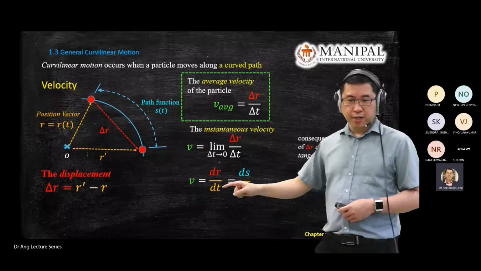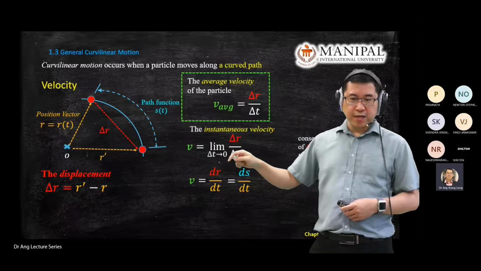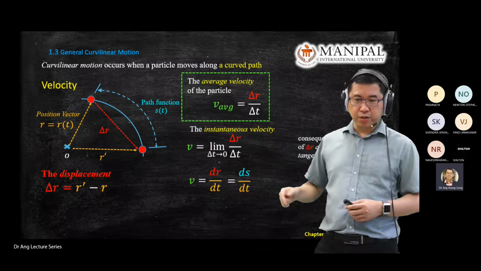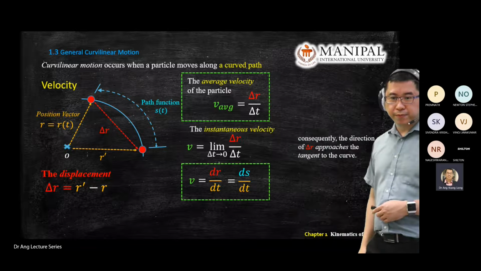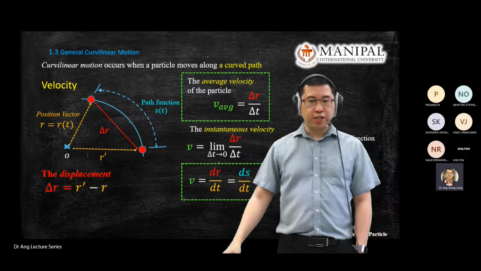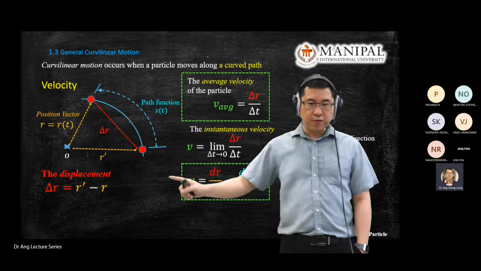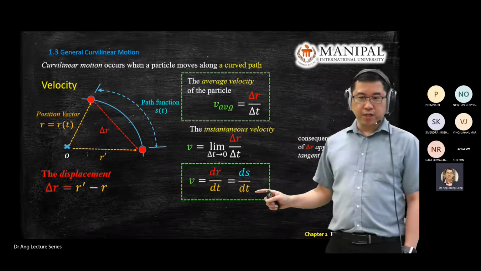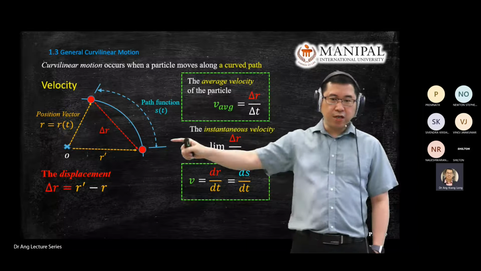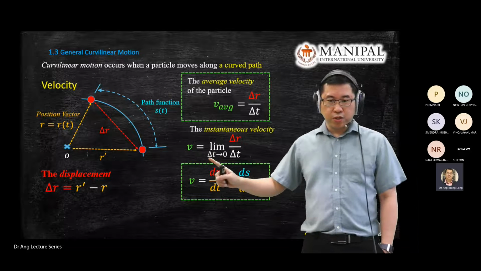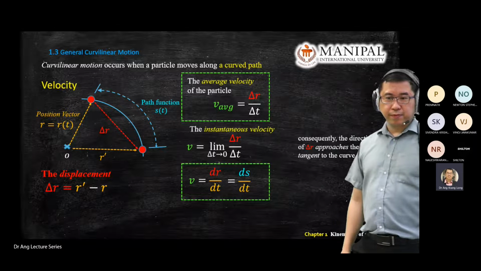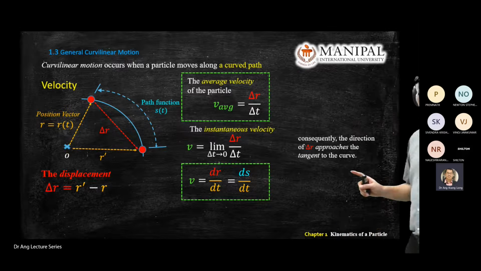That's why in this case, we apply the trigonometry equation where we equate the displacement and the position. So if we have a very small change on a curve, we can straight away use ds over dt equals dr over dt. However, if you have a long curve, then you can only use this equation. This is a side note for you.